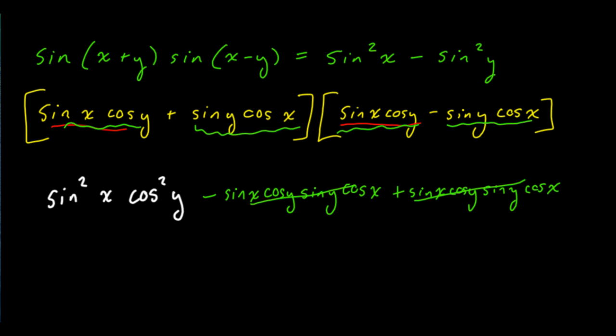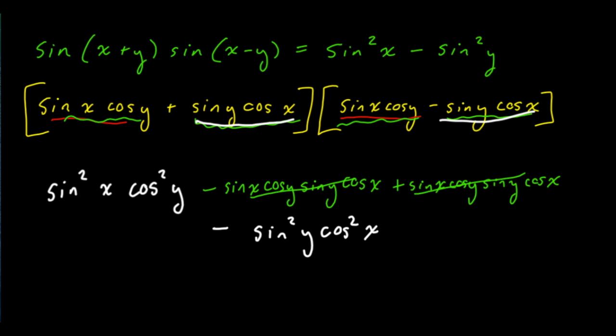And then we're going to do the last terms. We distribute that times that, which is going to give us negative sine squared y cos squared x.